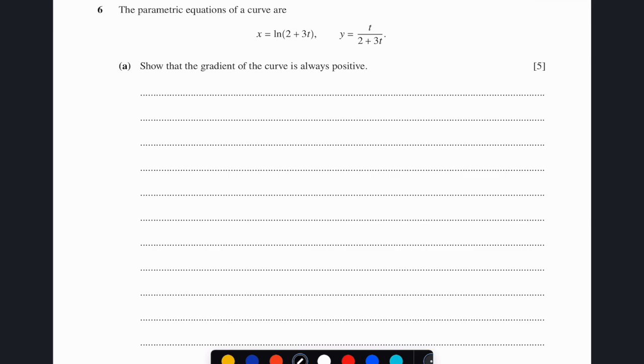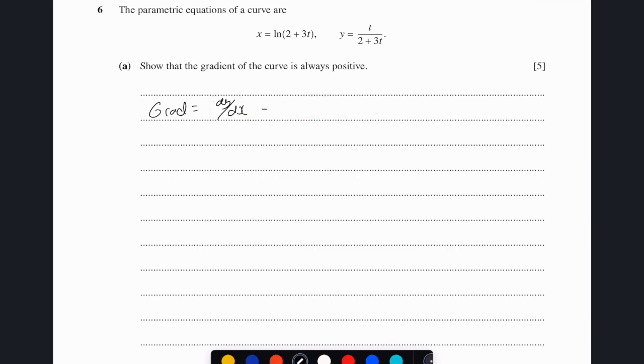So how do we go about this? Well, the way you could go about this is by saying the following. dy by dx, the gradient of the curve. Okay, so we have to show that dy by dx is always positive, right?